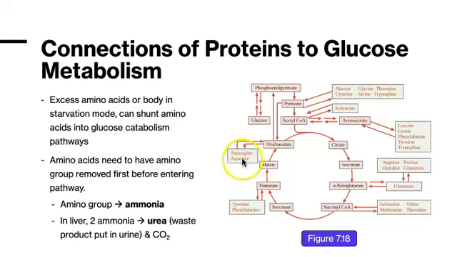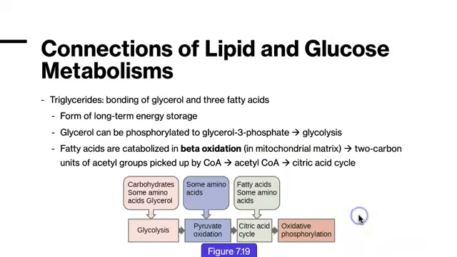So all in the red here are the different types of amino acids that we have. And maybe you recognize what this circle here is. This is our citric acid cycle. And so depending on what type of amino acid we have will determine in what area or what step it is going to be able to enter in on.